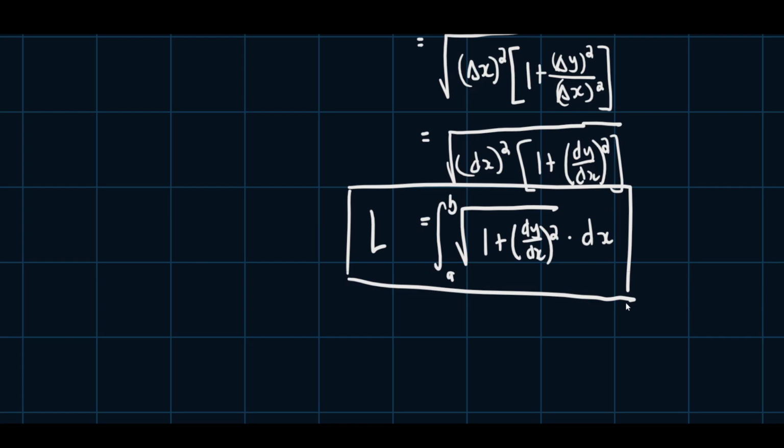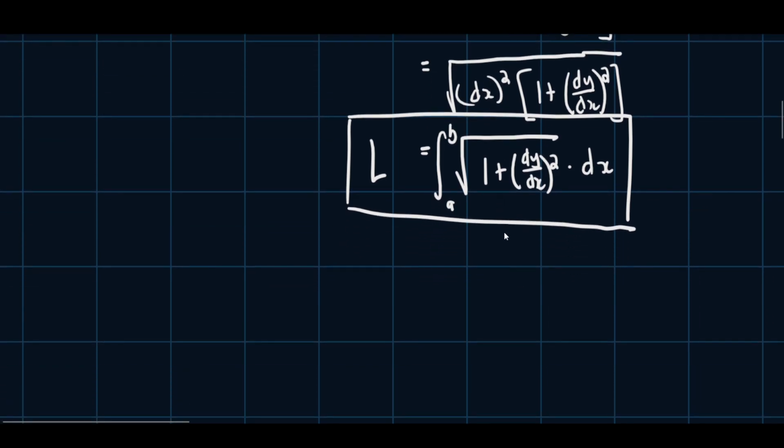Now, of course, pwede naman natin kuhanan ng measurement or ng arc length yung mga hindi functions. So, let's say we have a smooth curve along the y-axis. Ang gagawin lang natin is switch lang natin yung mga variables.